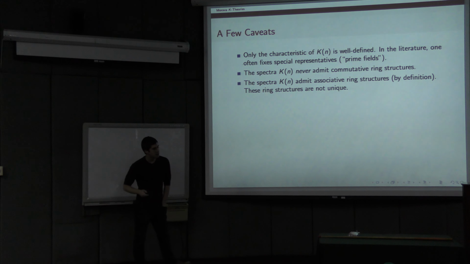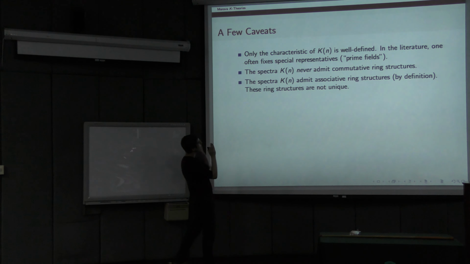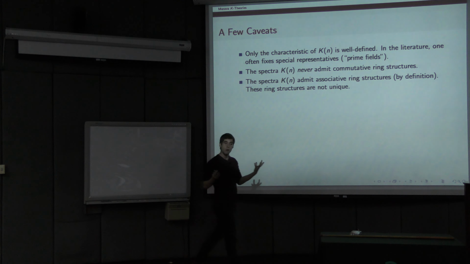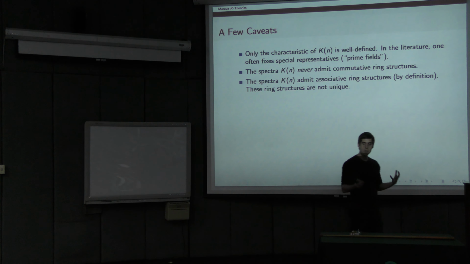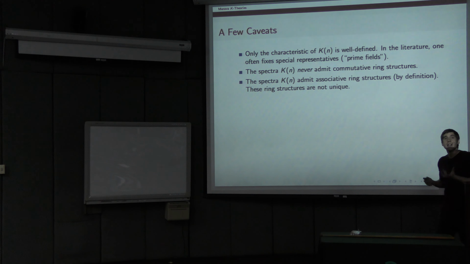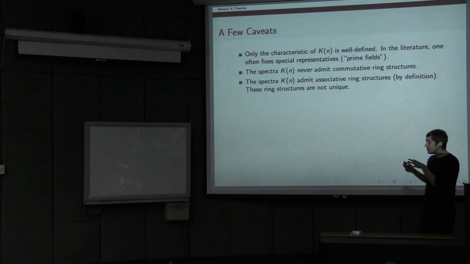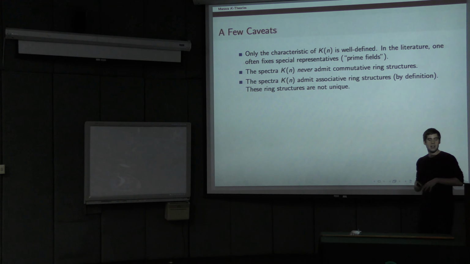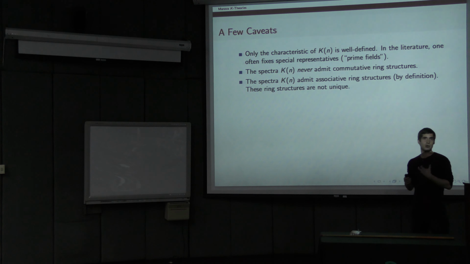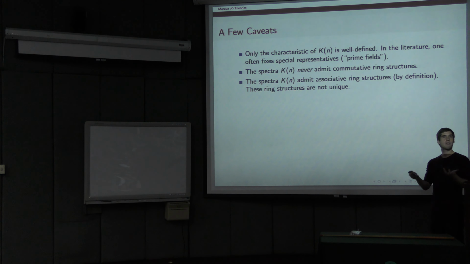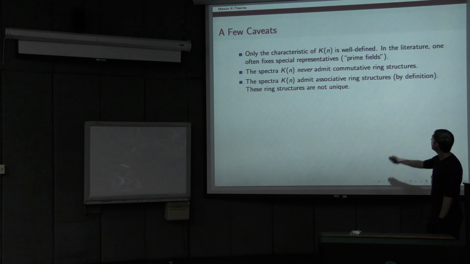So these ring structures are not unique, and in some sense that's going to be the theme of the next lecture. These Morava K-theories, you can think of them as division rings in the world of homotopy. They're non-commutative fields. In the last lecture, I talked about the Brauer group in the world of algebra. If you look at division rings which have a fixed center, there's a lot of structure to that, which gives you the Brauer group of the field which is the center.